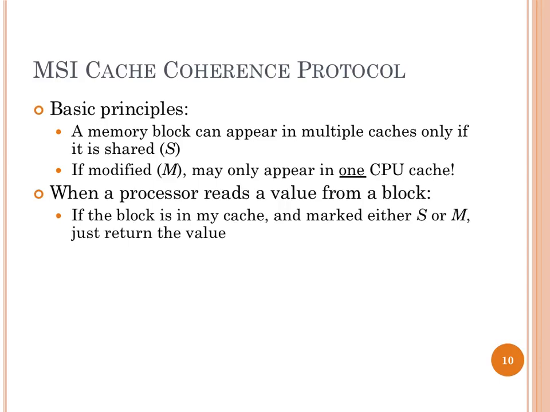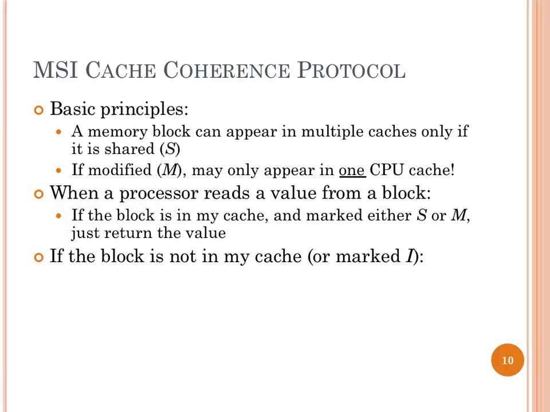So let's say that we're reading a block from memory, and so the cache is sitting in between and it's doing its thing. And if the block is in the processor's cache, the processor that does the read has the block in its cache, and it is marked either shared or modified, we're good, right? We can just go ahead and serve the requested value out of that cache line. Now, if it's not in my cache, or it's marked invalid, which we'll just consider to be the same state, then we have an interesting situation that we have to figure out.